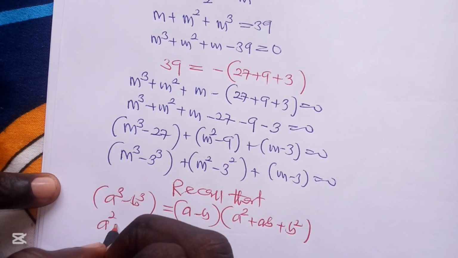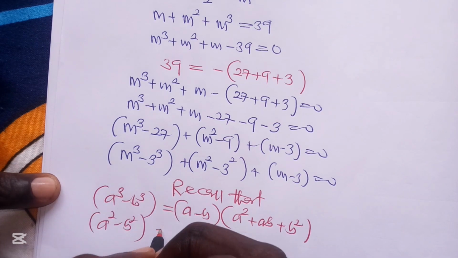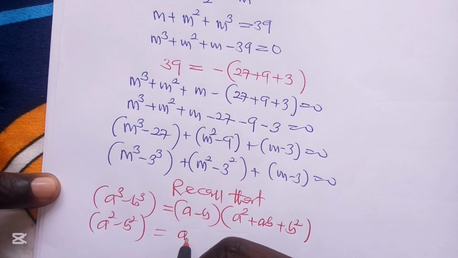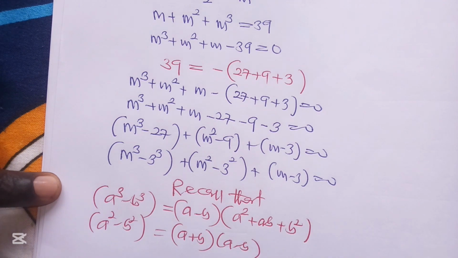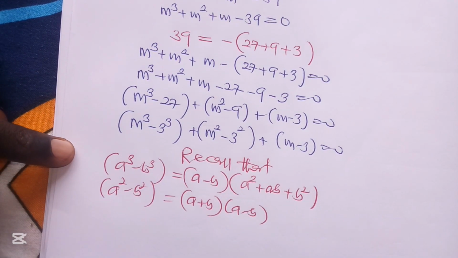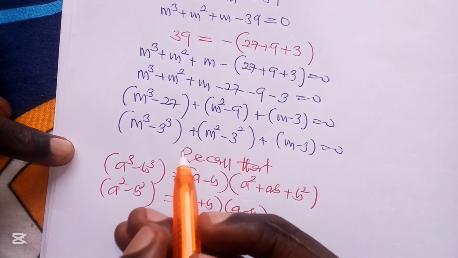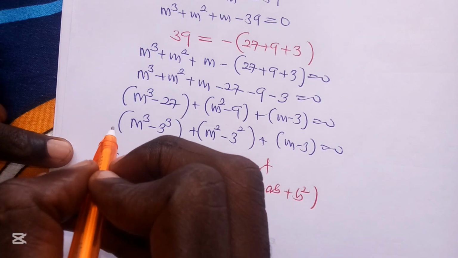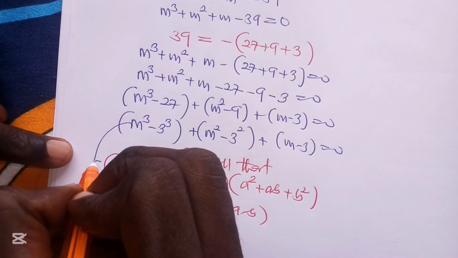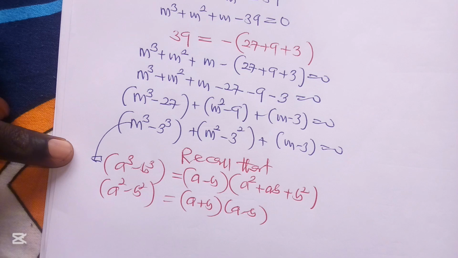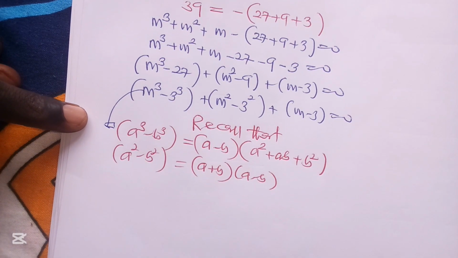Having a squared minus b squared can also be expressed as a plus b into a minus b. Then from this point we substitute right away, using this for this.